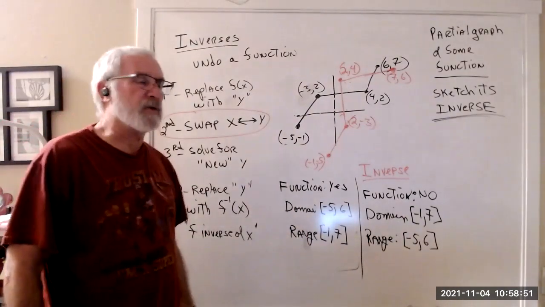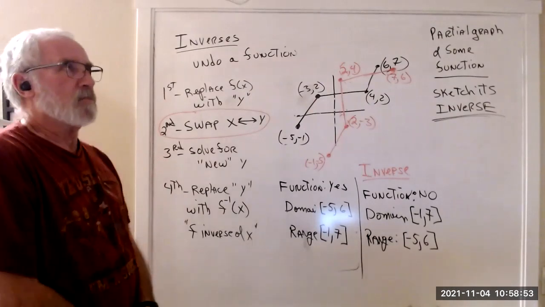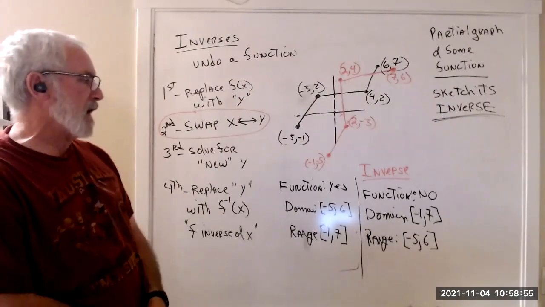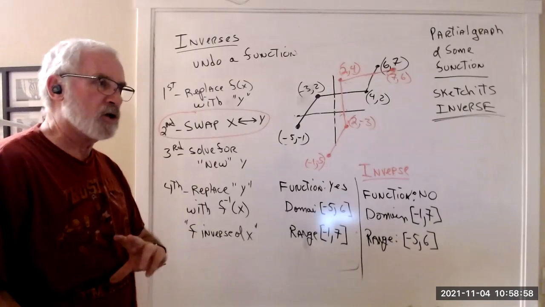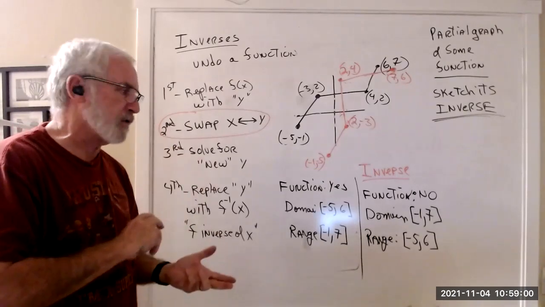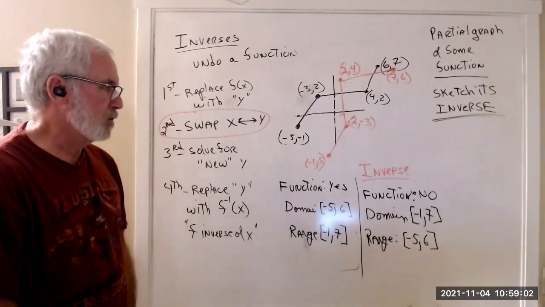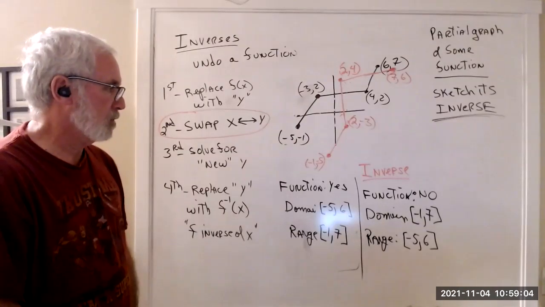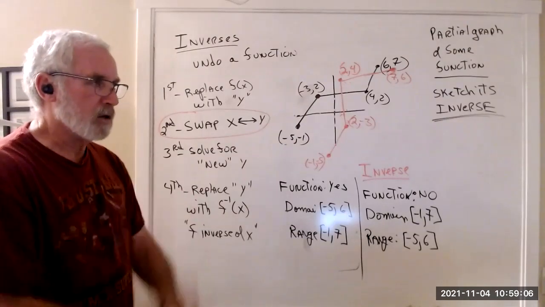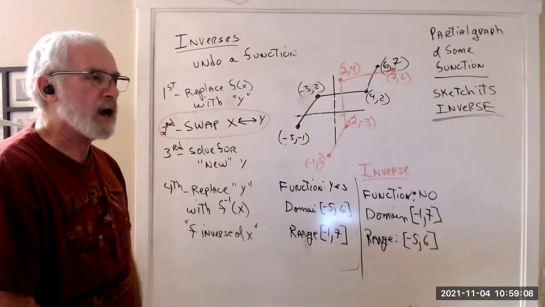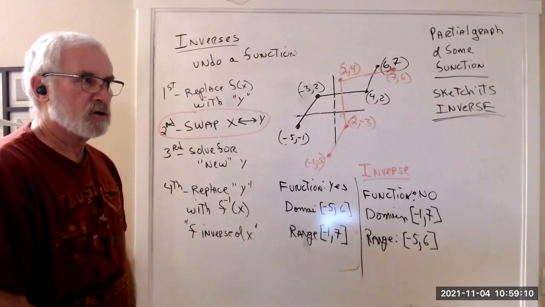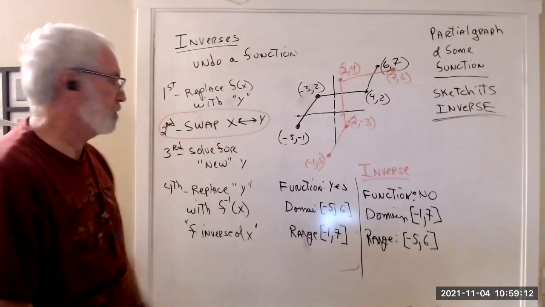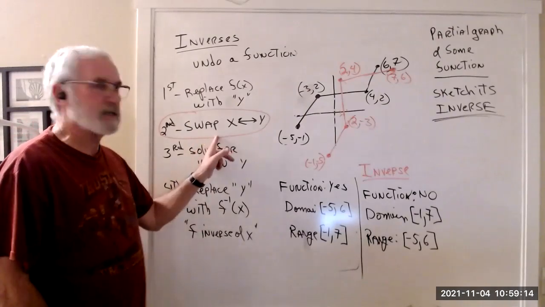Anybody see anything kind of weird about the domain and range of the function and the domain and range of the inverse? They're just the same thing, but flipped. That's exactly right. Why are they flipped? Because you switched the X and the Y. Bingo.